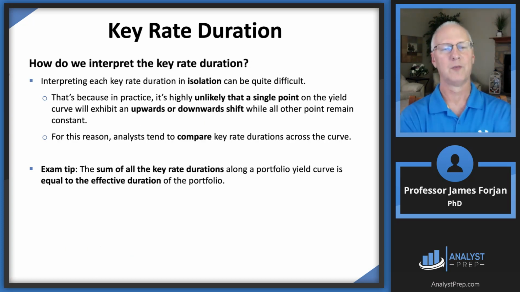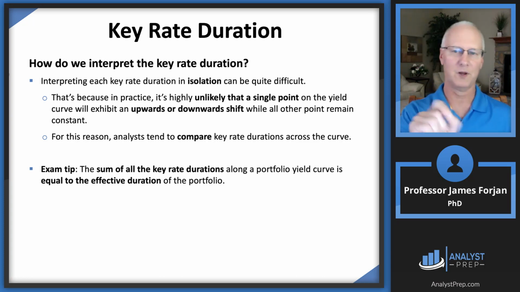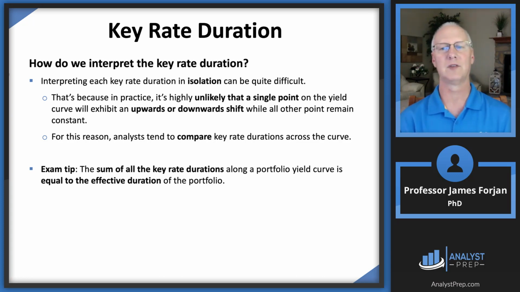Now note that first block point. Interpreting each key rate duration in isolation can be quite difficult. Yeah, that's fairly true. And the interesting part of this is because typically the yield curve doesn't stay stable all throughout except for one key rate. So it's unlikely that a single point on the yield curve will shift upwards or downwards.